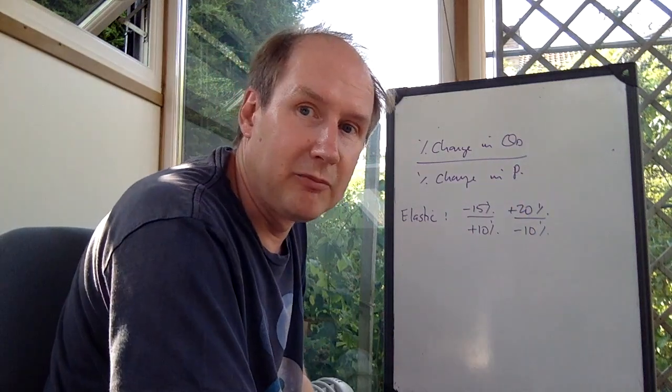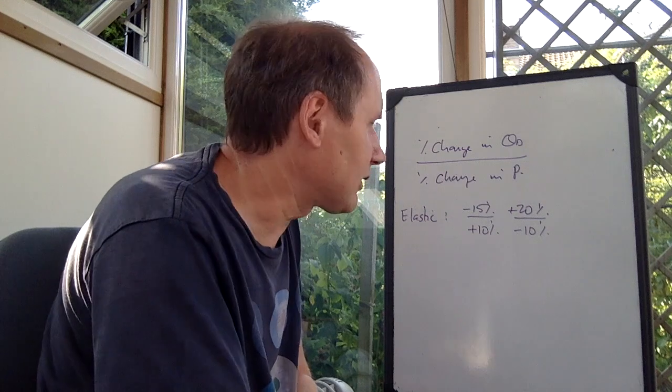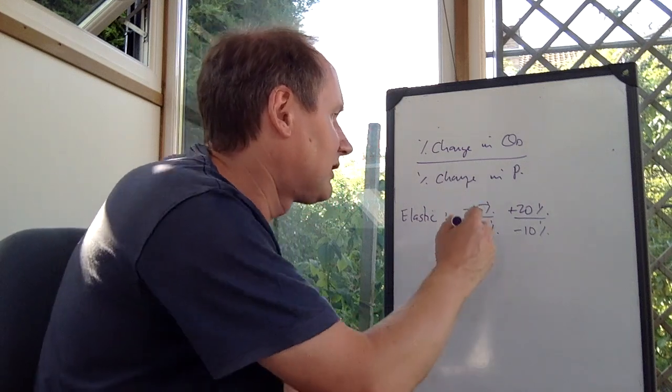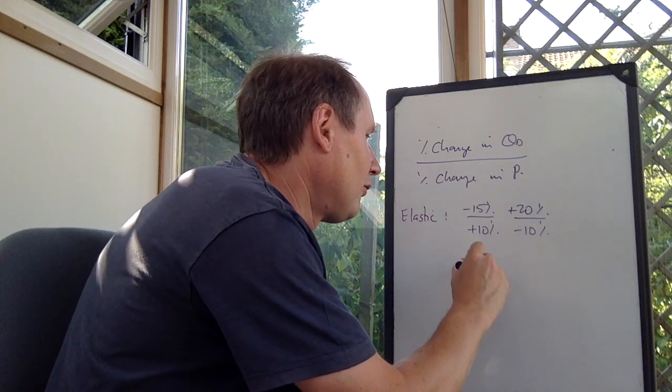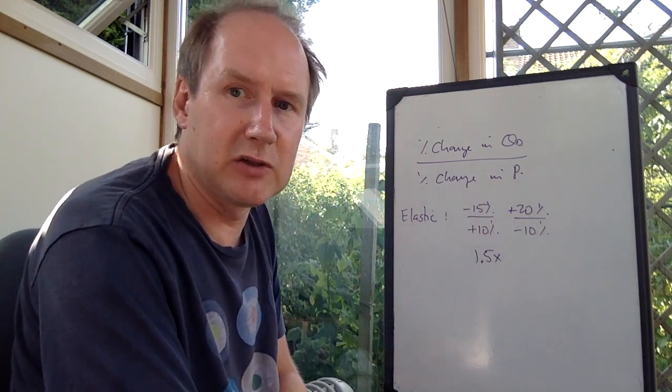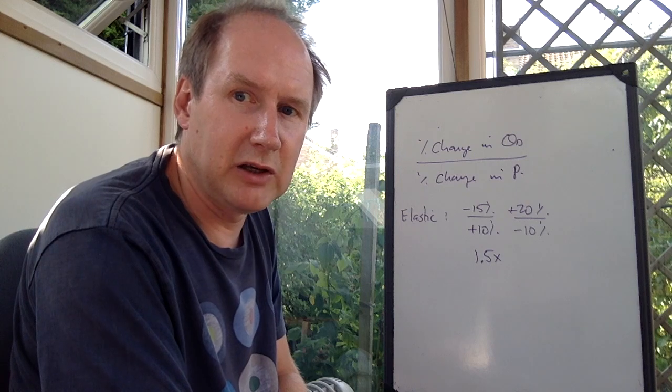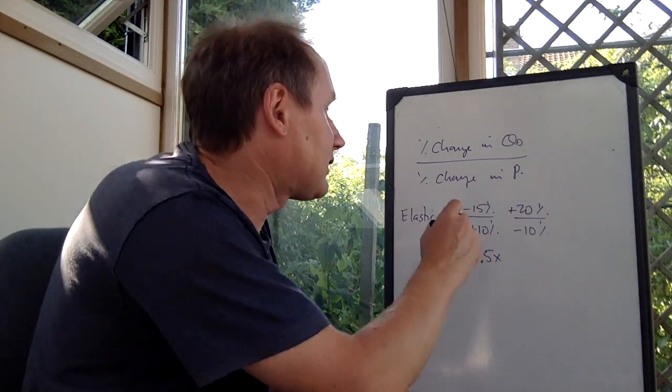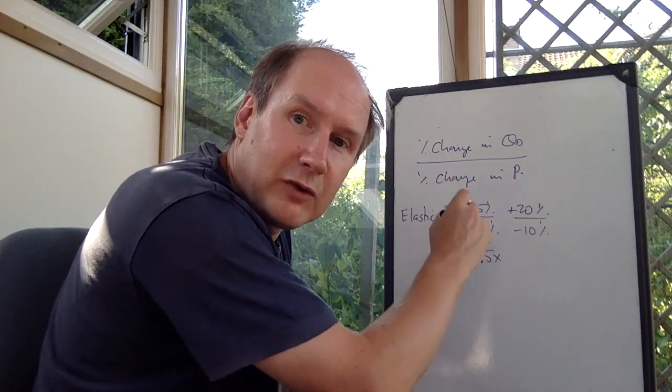Both of those are elastic. And the question is, how elastic? In this case, it's 1.5 times as much. Demand changes by 1.5 times as price changes, but they go in different directions.